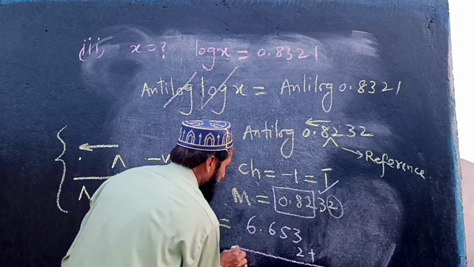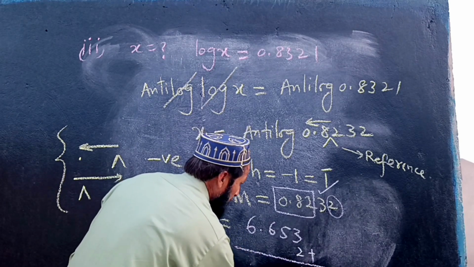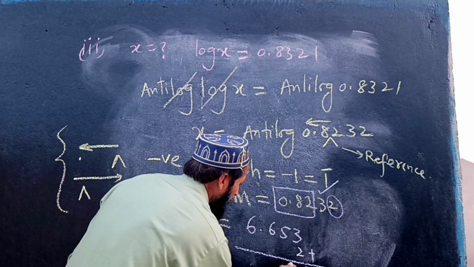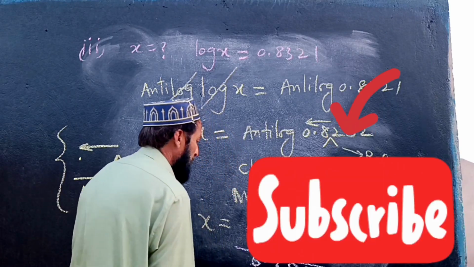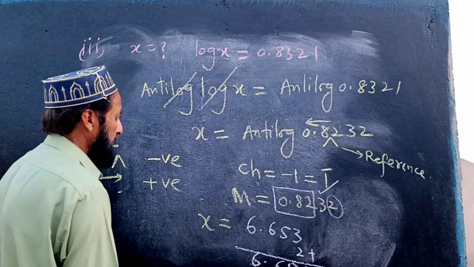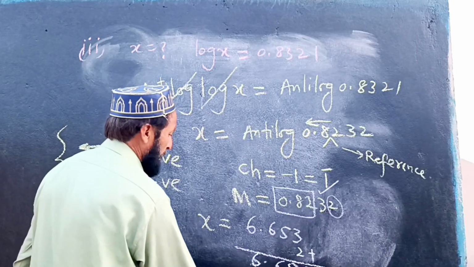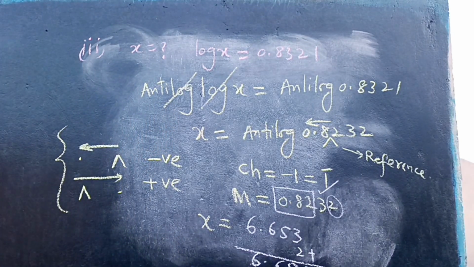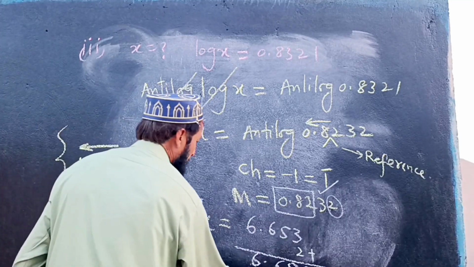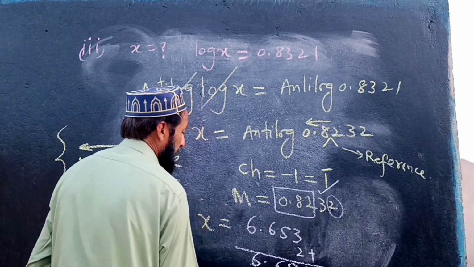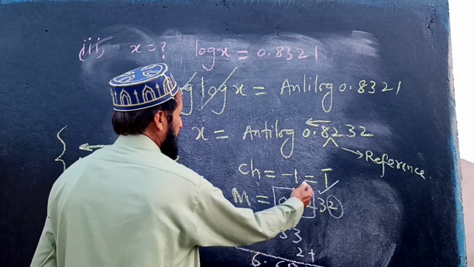We add this result, so 3 plus 2 we get 5, and 5 gives 6.655. After the first integer we take the reference and count from the characteristic.